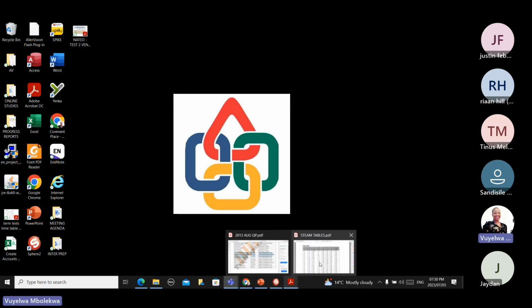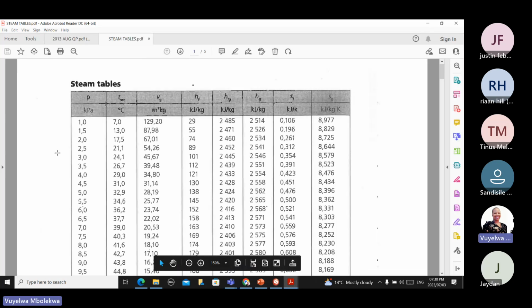It's a PDF. You go to the steam tables with the pressure. Now the pressure that's on the steam tables is already in kilopascals. If they give you pressure in pascals, convert it to kilopascals. If they give it to you in megapascals, convert it to kilopascals. And then you use that pressure.